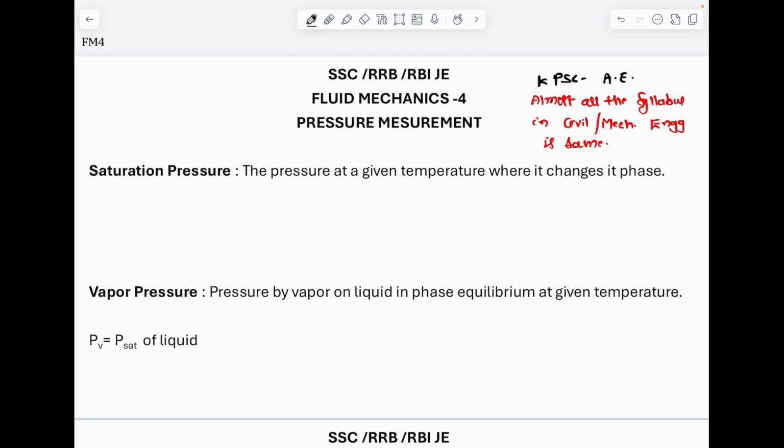Toughness levels may vary, but not the content of the syllabus, the content of the subject.